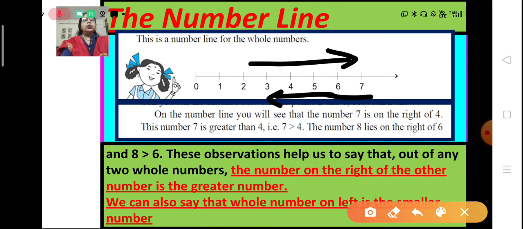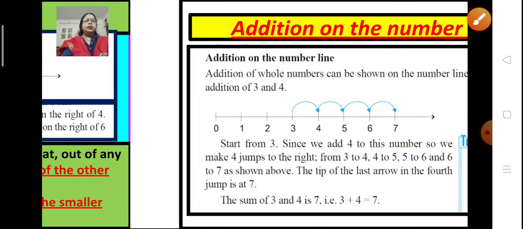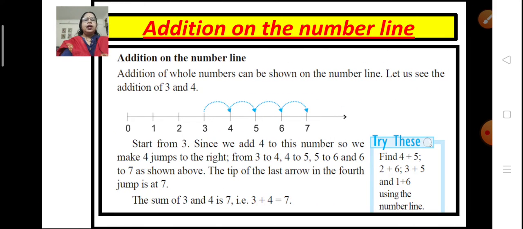Alright. So, on the number line, you will see that number 7 is on the right of 4. So, 7 is greater than 4, isn't it? And 8 lies on the right of 6. So, 8 is greater than 6. So, the number on the right of the other number on a number line is greater, and on the left it is smaller.